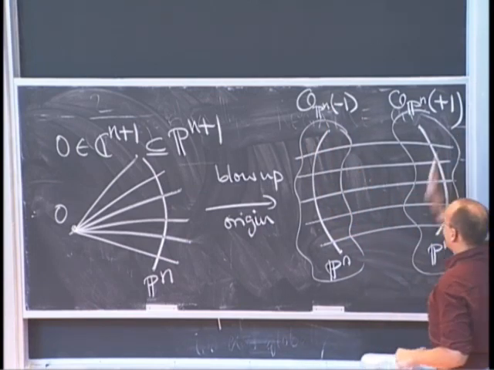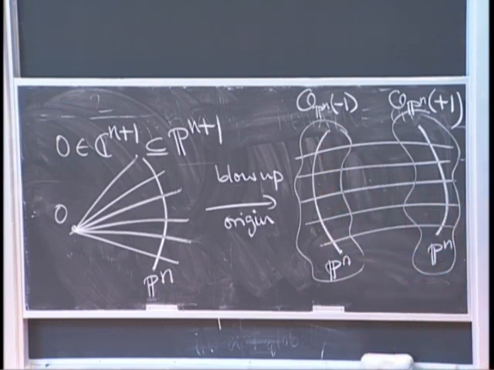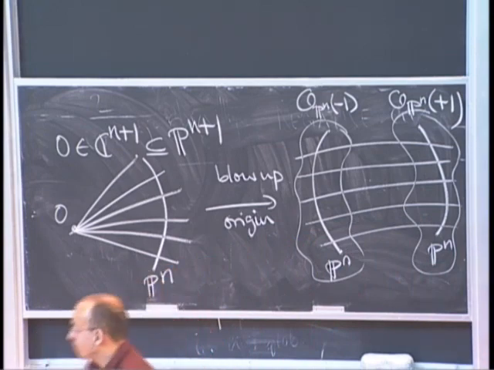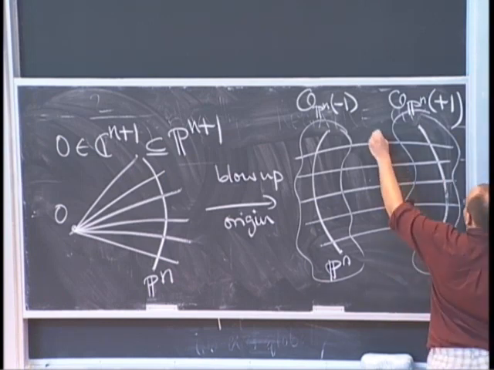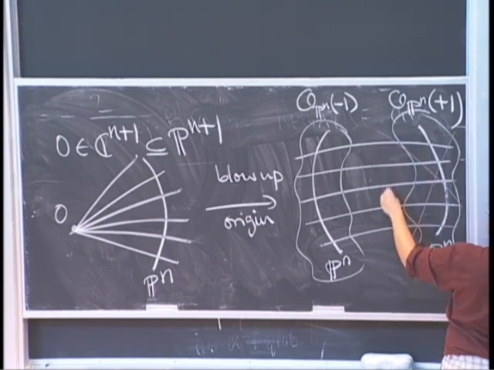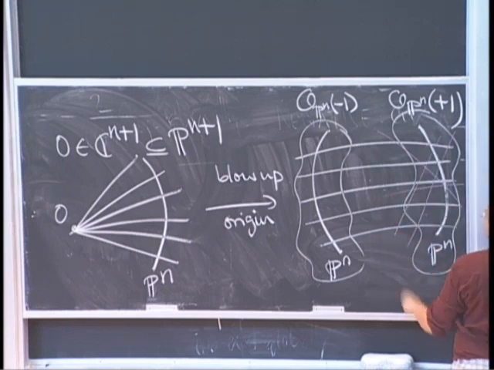So you've got these holomorphic hypersurfaces here. And the one on the right moves in a big family holomorphically, because this is just one particular hyperplane in Pⁿ⁺¹. So we've got all the other hyperplanes in Pⁿ⁺¹.